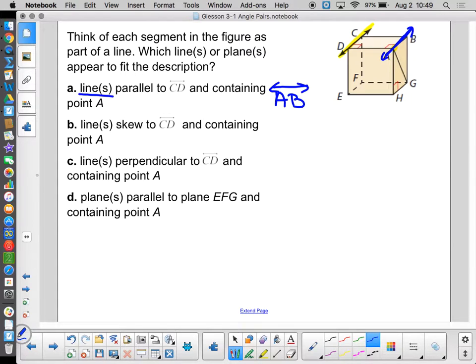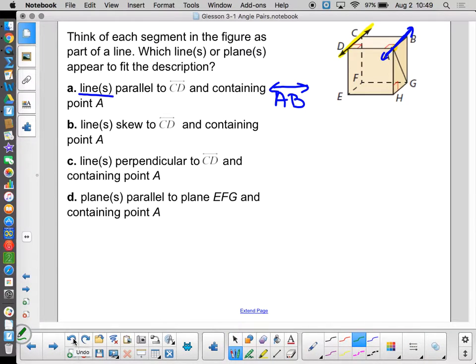That would be skew. AD would be intersecting. That's fine. AH, as we look down here, again, AH would not intersect line CD, but it would not be a parallel line because it's not in the same plane, so that would be considered skew. So, again, I'm pretty sure AB is pretty much our only one containing point A that would be parallel to CD.